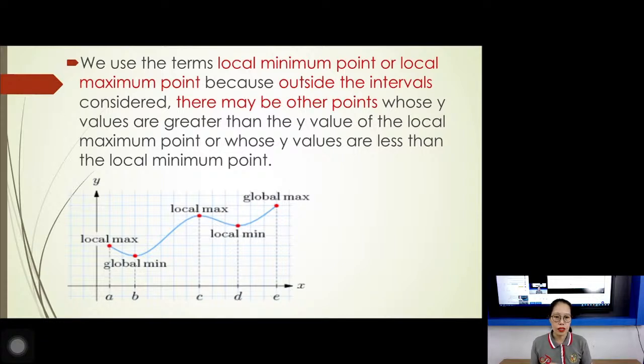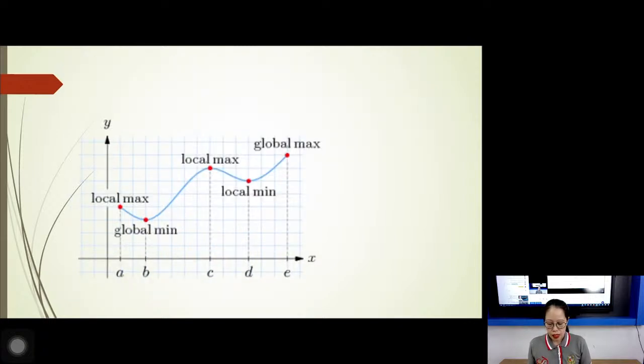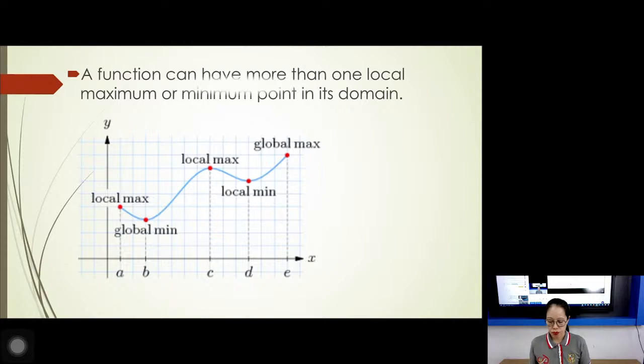There can be other local minimum and maximum points outside our interval. That's why we call it local. A function can have more than one local maximum or minimum point on its domain.